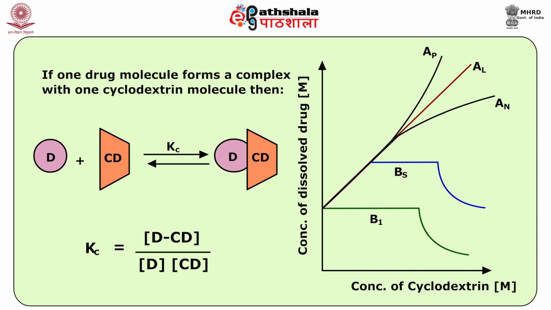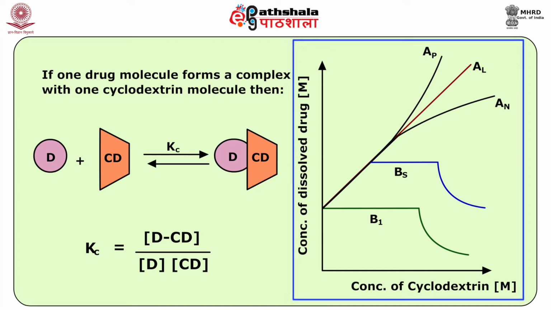The classification of complexes based on their substrate solubility has been done by Higuchi and Connors, as indicated by these phase solubility profiles shown in this figure. We obtain an A-type phase solubility profile when the solubility of the substrate, that is the drug, increases with increasing ligand, that is the cyclodextrin concentration shown on the right hand side of this figure.